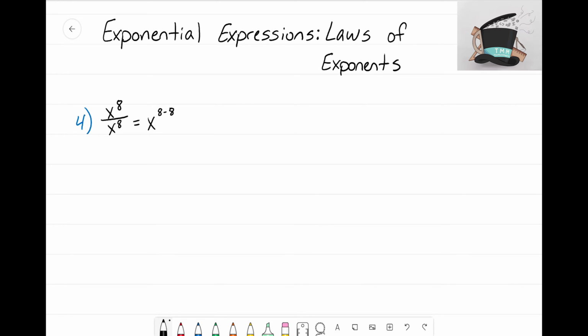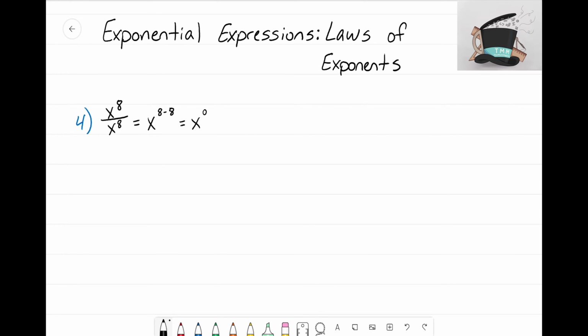So x to the 8th minus 8 power will just simplify to x to the 0 power. But our question here is: what does it mean for an exponent to be to the 0 power? That's what we want to figure out.